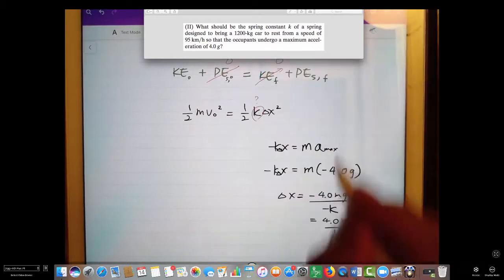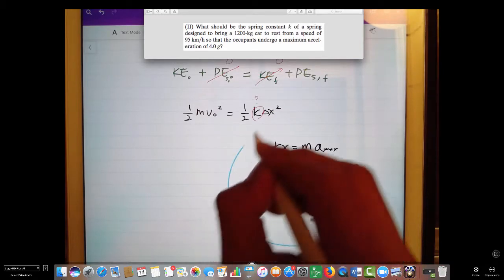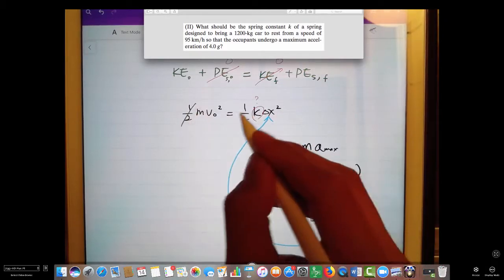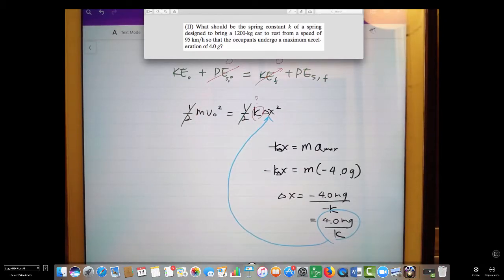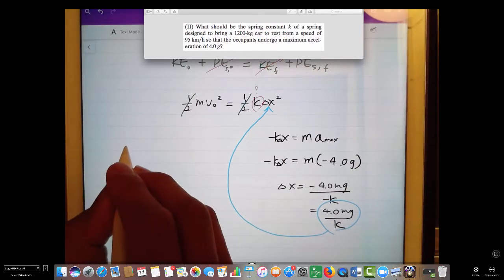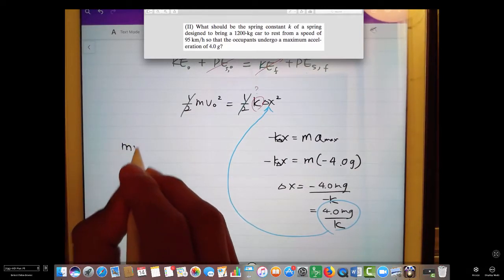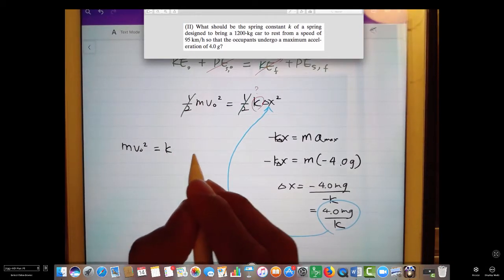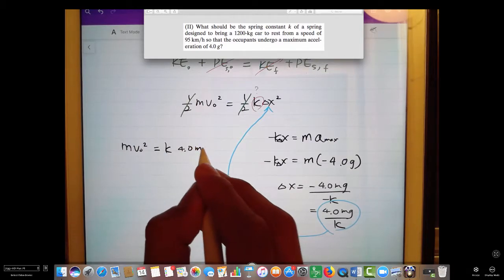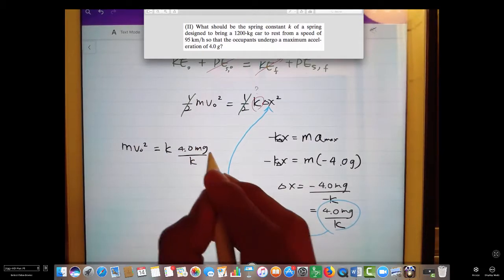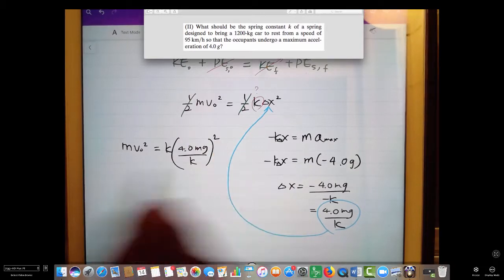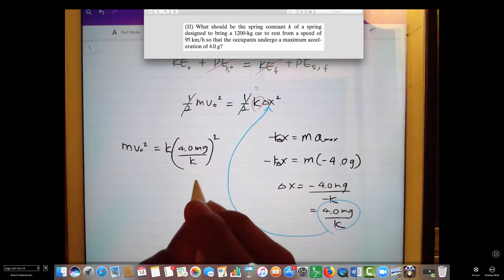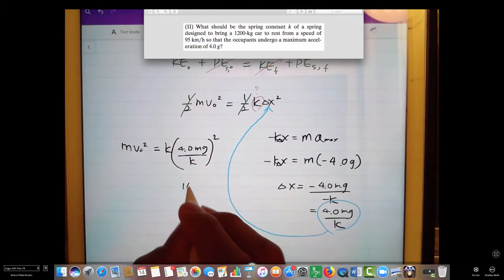We're going to substitute that into where the delta x is. And let's cancel out the 1/2 here to make our algebra easier. So we get 1 m v0 squared equals k, what we want, times 4.0 mg over k, and that has to be squared. We can square it right now, make it 16.0.